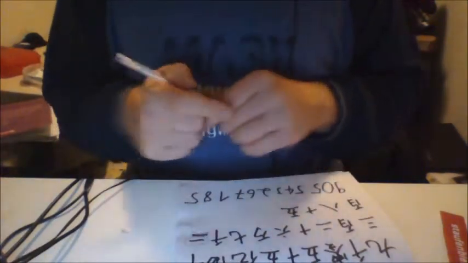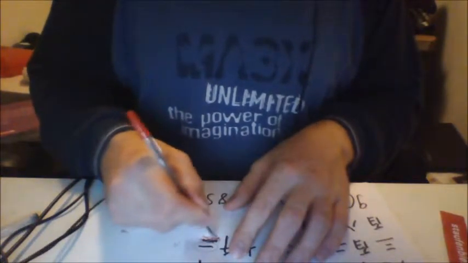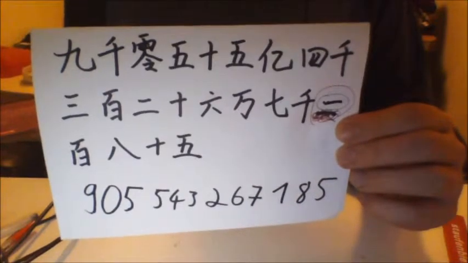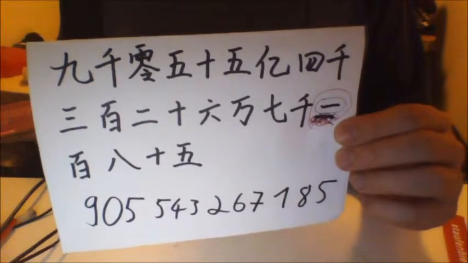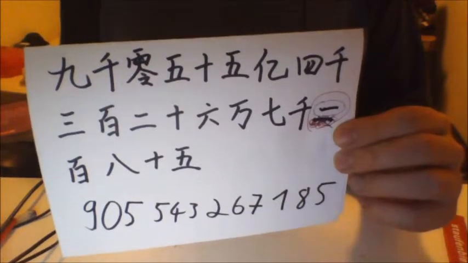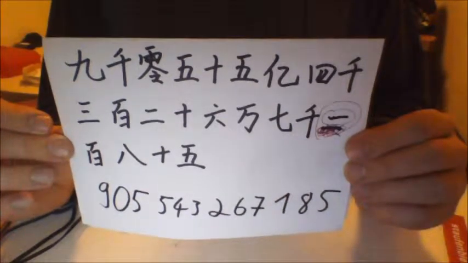So it's correct, at least. How can we do this so that it's right? So it's 9055亿4326万7185. This is the way. If you already saw my other video, then you should be able to read this.